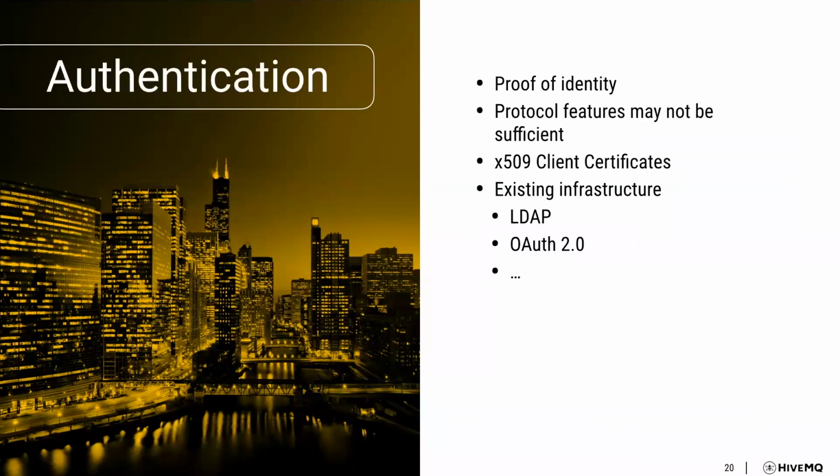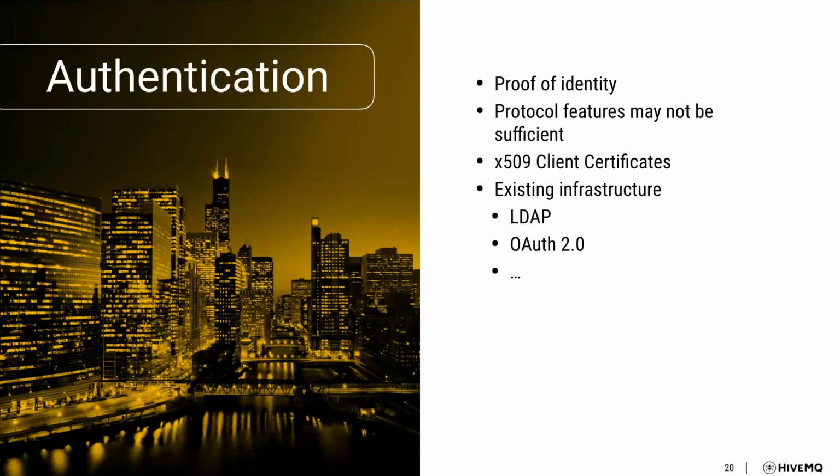Good. So we talked about encryption, and we talked a little bit about authentication in terms of using certificates for authentication, but I would really suggest doing additional authentication. If you remember back to the initial picture of the deployment, you saw that we had an authentication server directly integrated with the MQTT broker.